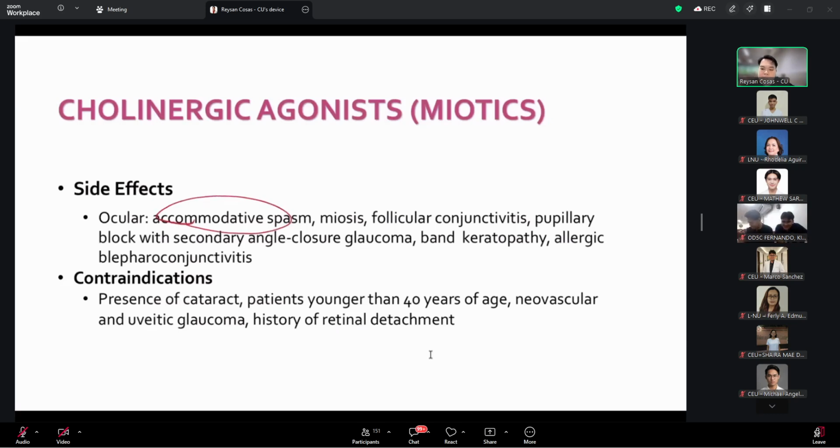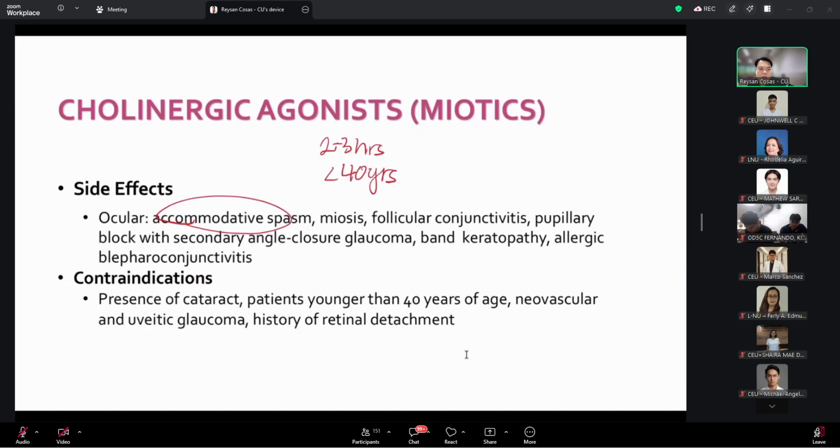Accommodative spasm is one of the most annoying adverse effects of pilocarpine and miotics, which can last for 2 to 3 hours after instillation of topical pilocarpine. Because of this spasm, patients younger than 40 years old find pilocarpine intolerable.